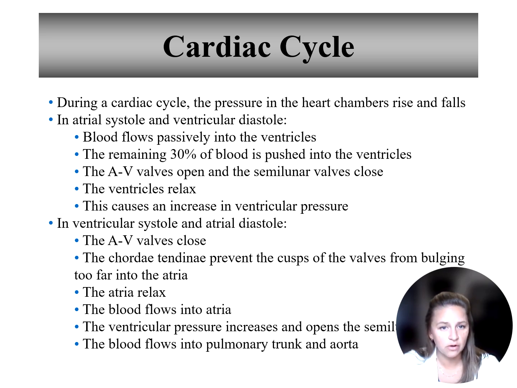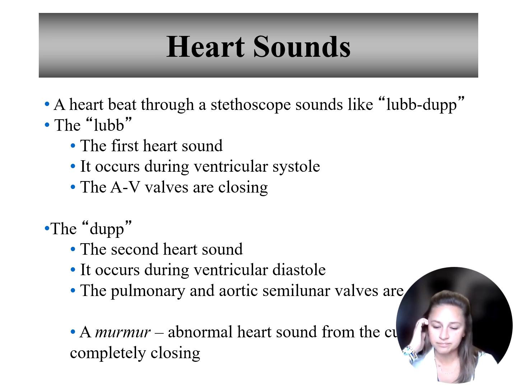So the AV valves open in atrial systole and then they close in ventricular systole. And then these chordae tendineae are the cords that hold those valves closed so blood flow is going in the appropriate direction.